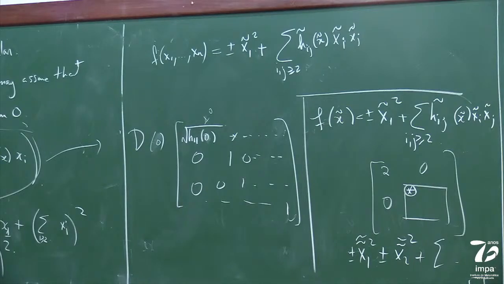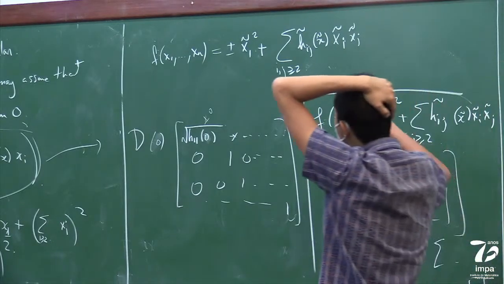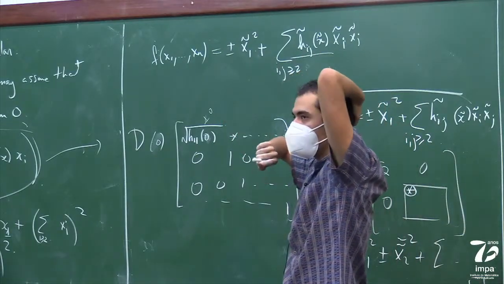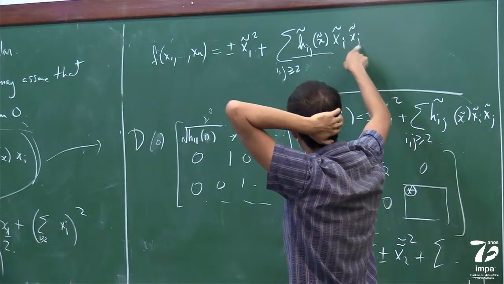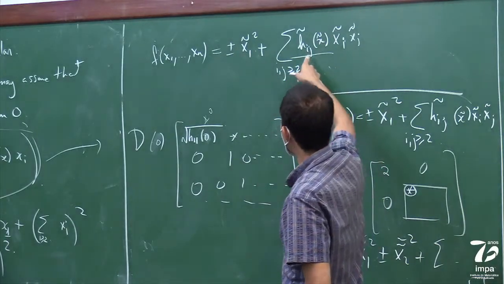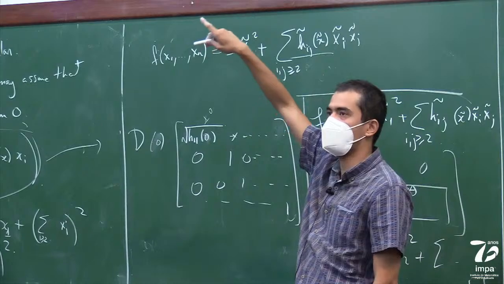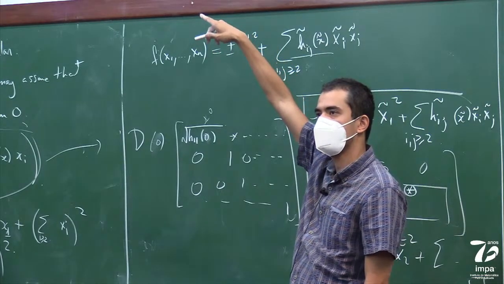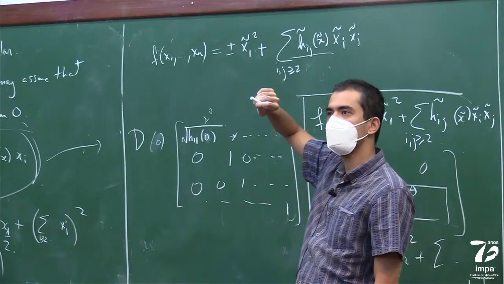And just to be very clear, the first time I saw this, I didn't completely notice, but this function hij doesn't depend only on the xi and xj for i and j greater than 2. The function hij always depends on all of Rn. That's one subtle point.